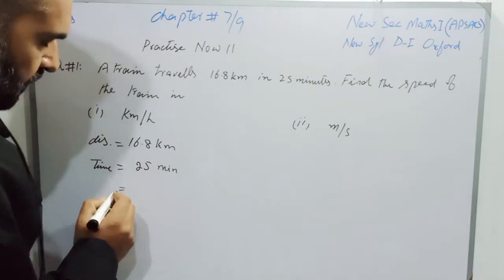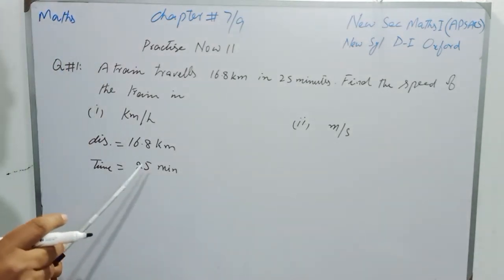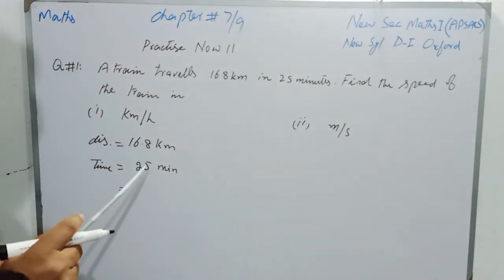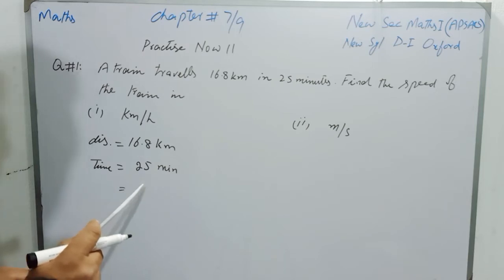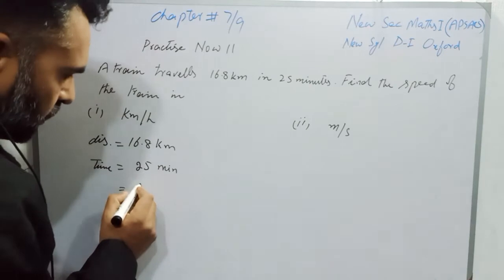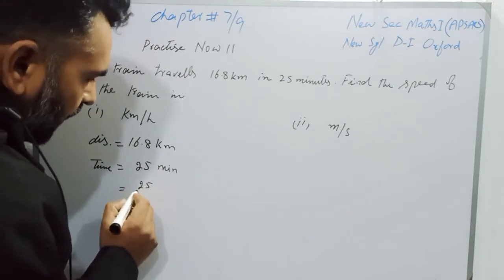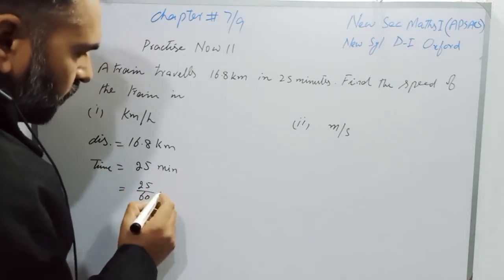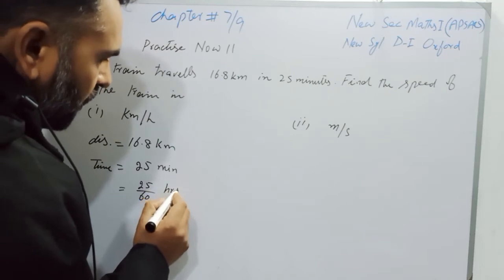Keep in mind that 60 minutes make 1 hour, so we will divide minutes by 60 and the time will be converted into hours, so it will become 25 over 60. Now the minutes are converted into hours.